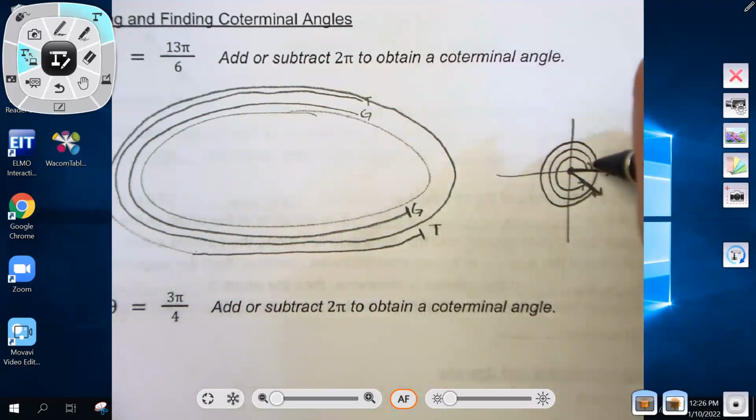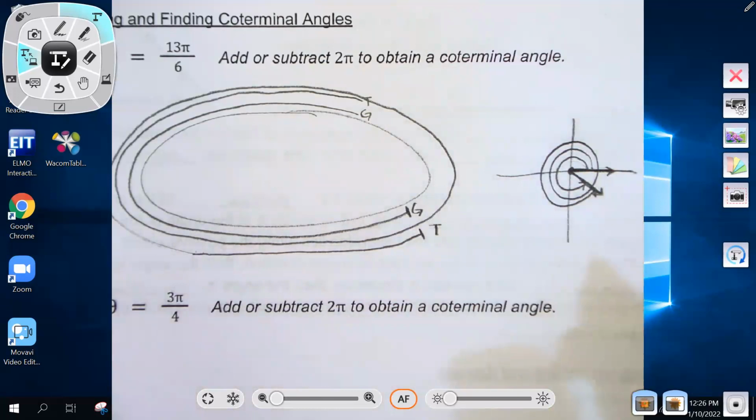This first angle that I drew is probably about a 300-degree angle, around from here to here. The second angle is going to be about a 300-degree angle plus a full rotation, which is 360 degrees.